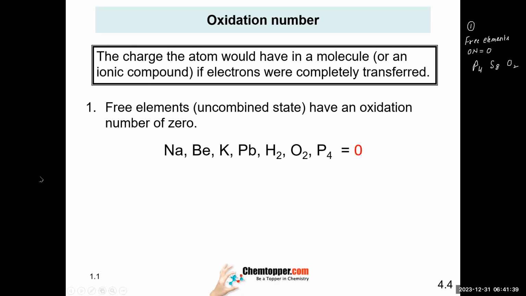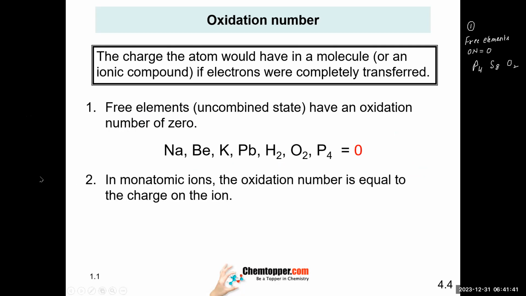Rule number 2: if you have a monoatomic ion, like Na plus. If I give you Na plus, what's the oxidation number here? 1 plus. The charge. If I give you Fe3 plus, what's the oxidation number? 3 plus. If I give you N3 minus, what's the oxidation number? 3 minus.